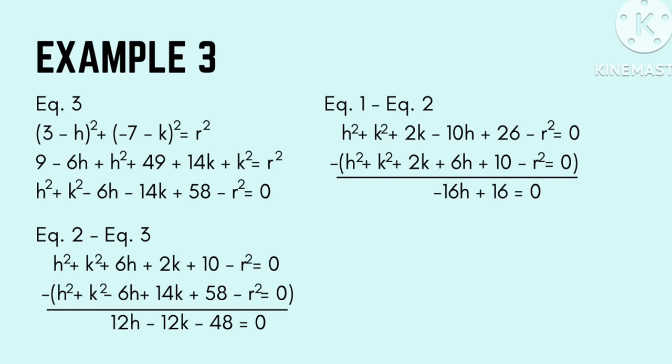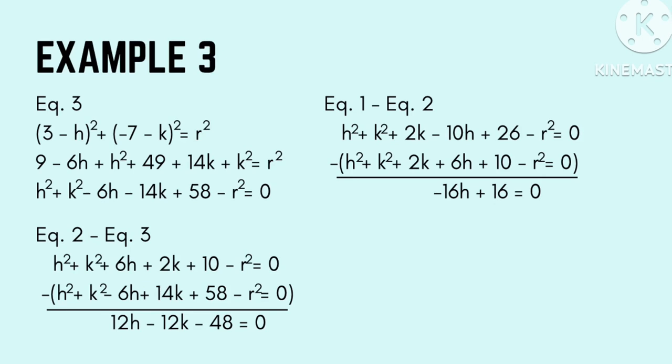So we have h^2 + k^2 + 6h + 2k + 10 - r^2 = 0 minus (h^2 + k^2 - 6h + 14k + 58 - r^2 = 0). So once we simplify everything, it will result in 12h - 12k - 48 = 0. So we use the elimination method to eliminate variables that are hard to simplify.